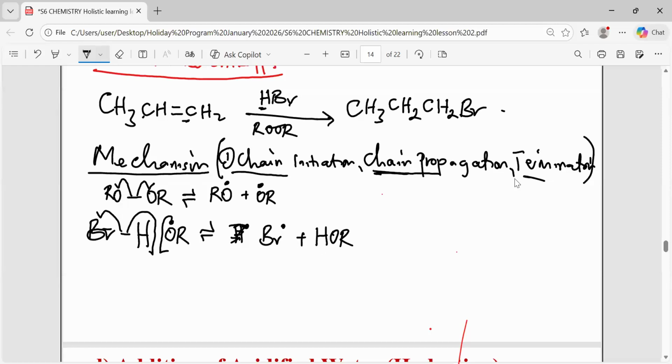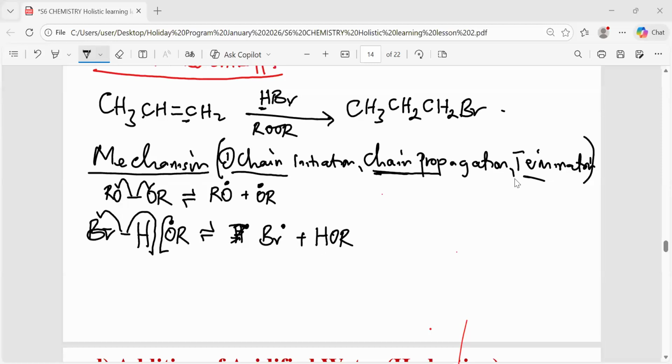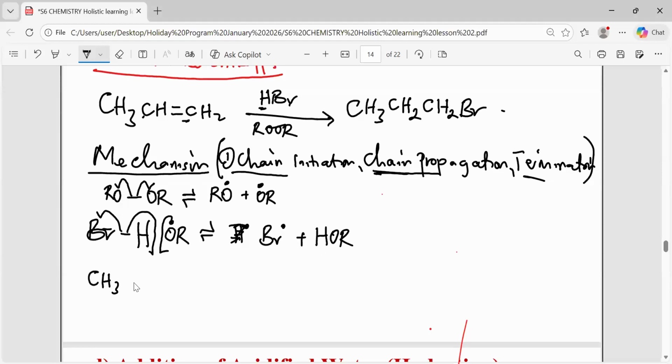Now in chain propagation is where we increase on the chain. We are going to expound on the chain, and therefore we are going to have our propene, CH3, CH2, and then it is going to bond with this free radical of bromine. So this one is going to bond here.